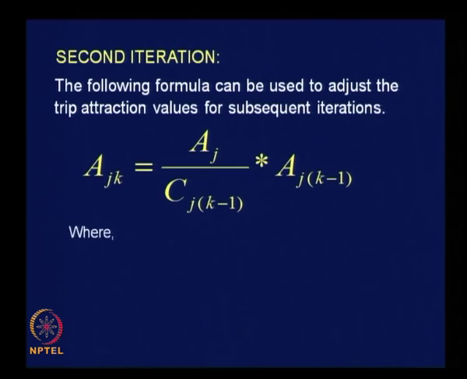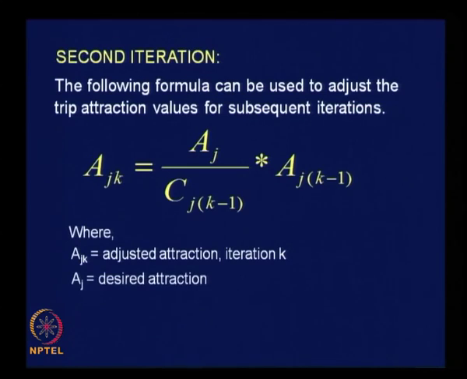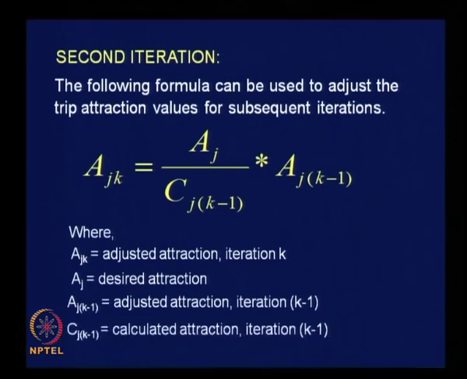Ajk is the adjusted attraction for iteration k, Aj is the desired attraction which is known to us for the base year condition, and Ajk minus 1 is the adjusted attraction pertaining to iteration k minus 1, the previous iteration. And of course Cjk minus 1 is the calculated attraction for iteration k minus 1. So that is how we formulate this adjustment procedure.